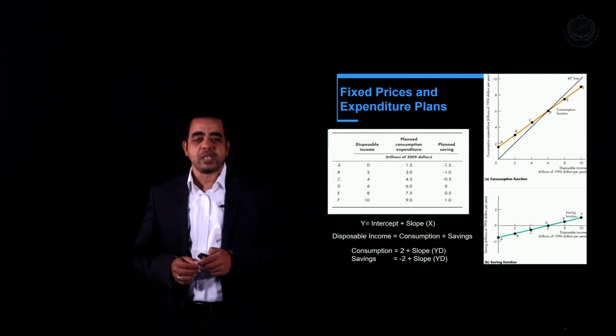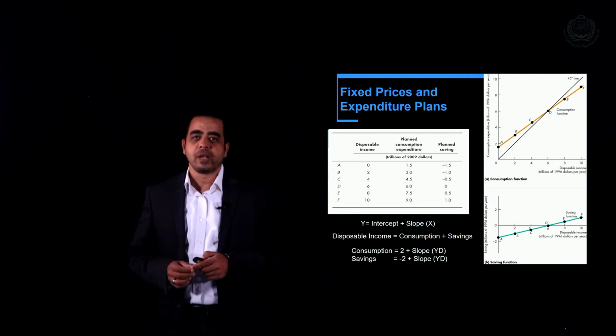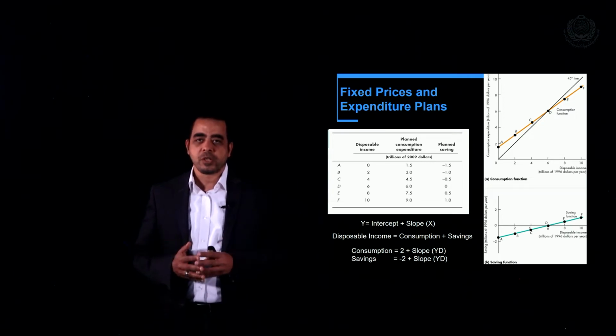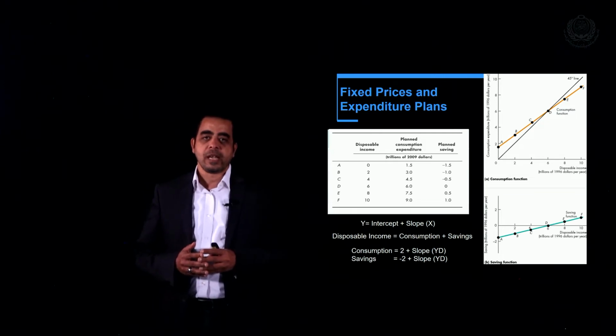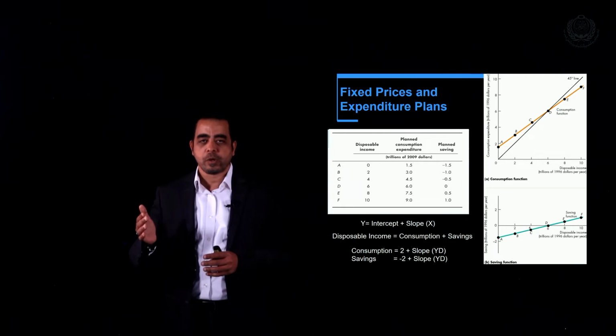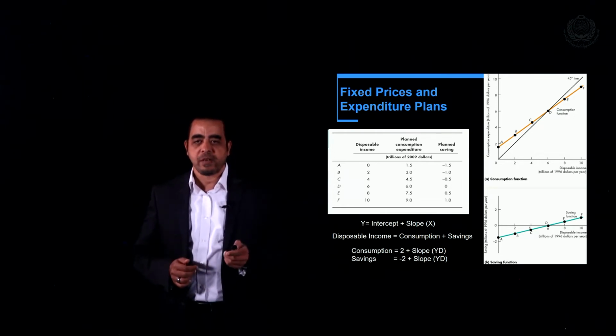By connecting these points, we will find ourselves with another positive relationship between the savings and the disposable income. So disposable income has a positive relationship with consumption and with savings.